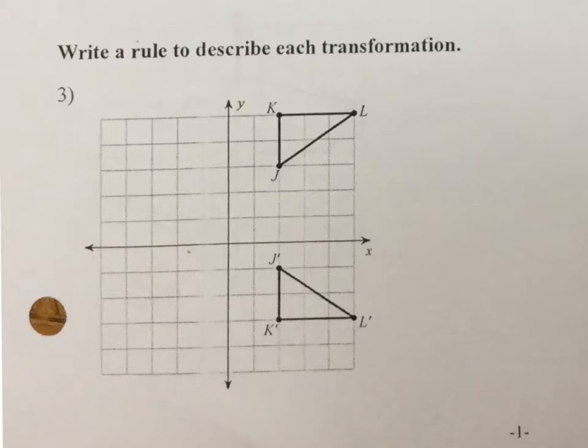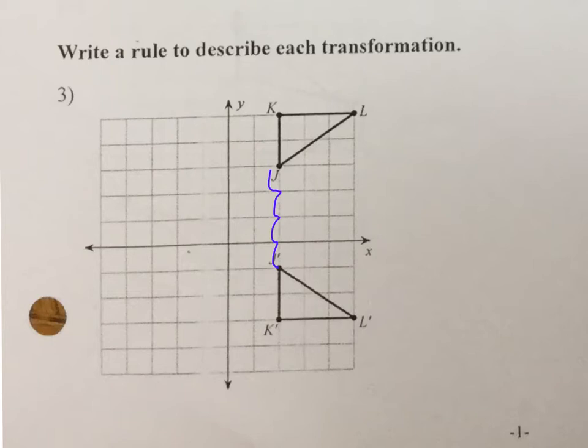Question 3 says to write a rule to describe the transformation of each figure. So I need to figure out what this has reflected across. Let's see how far our J's are. 1, 2, 3, 4. They're 4 across.